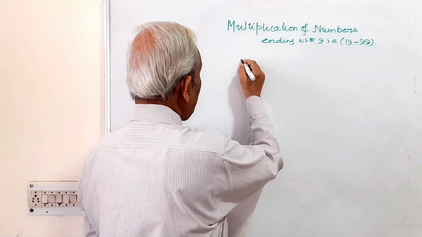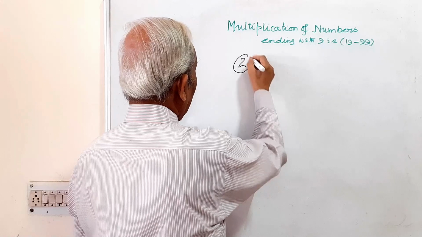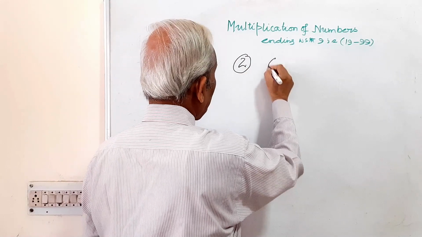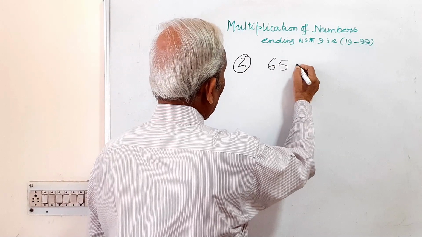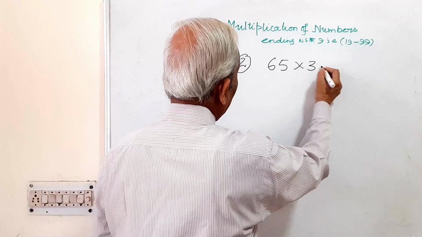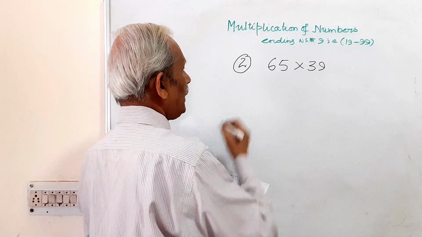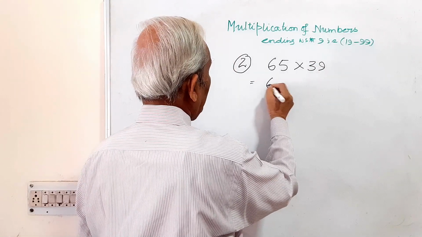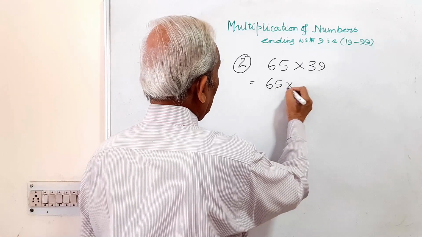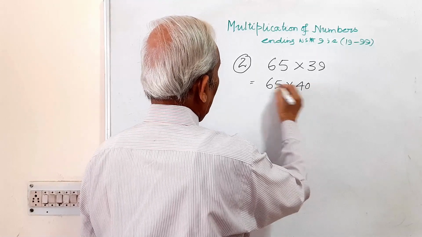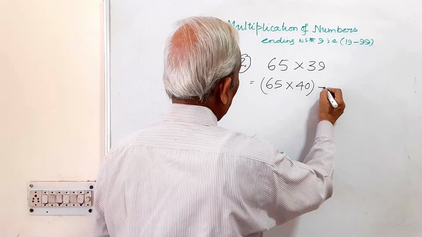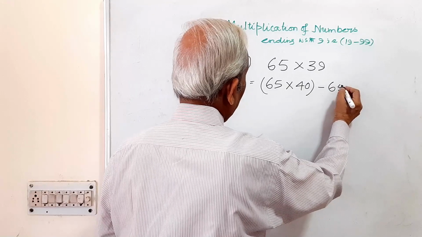Let us multiply 65 with 39. Instead of multiplying by 39, we can write this as 65 into 40, one time more, and then we reduce this by 65.